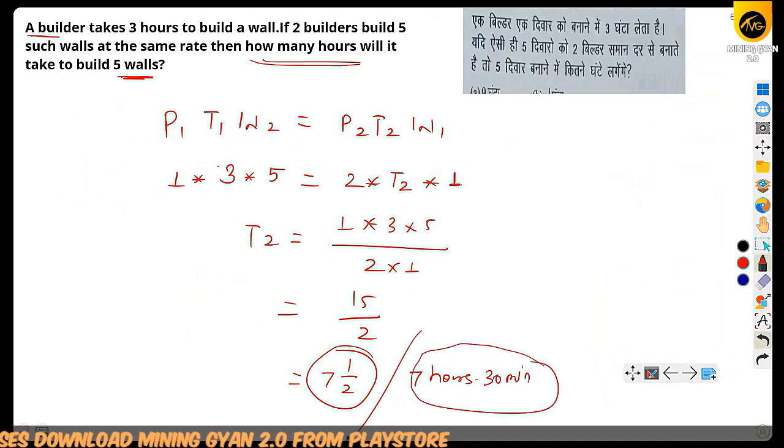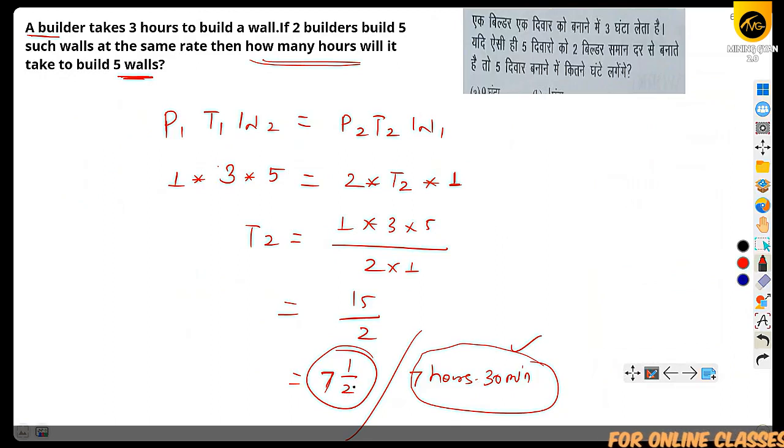The options may be available in the form of a mixed fraction or in the form of hours and minutes, so it totally depends on the options available in the question. You can use 7 and 1 by 2, that is the mixed fraction form, or 7 hours 30 minutes.